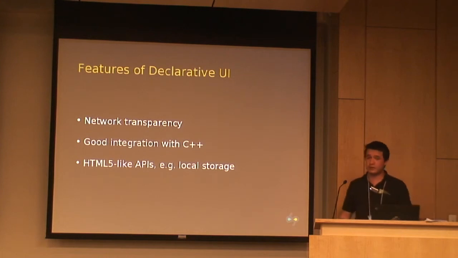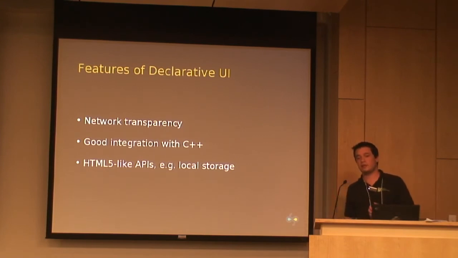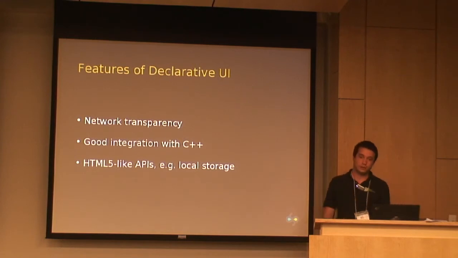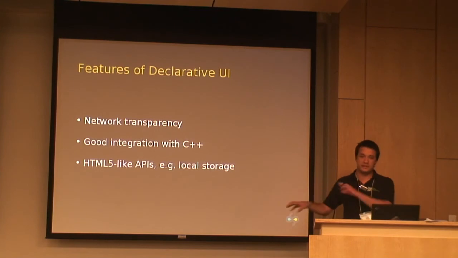Also a very good interaction with C++. You can create your own objects and export them to be used in QML. Also, you can, in your C++ application, pick up pieces of QML and use them in your own canvas.